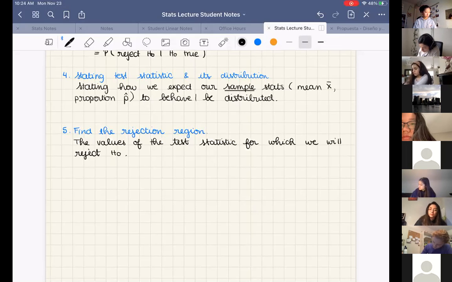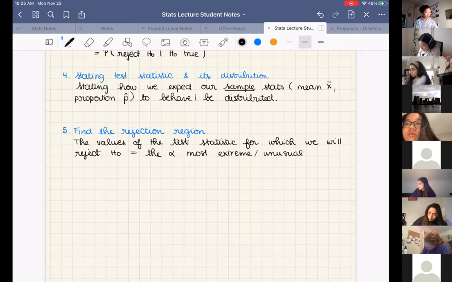This means that these are the values, the alpha percent most extreme or unusual values. Okay, because we will reject it if our results are suspicious, so if they're very unusual.